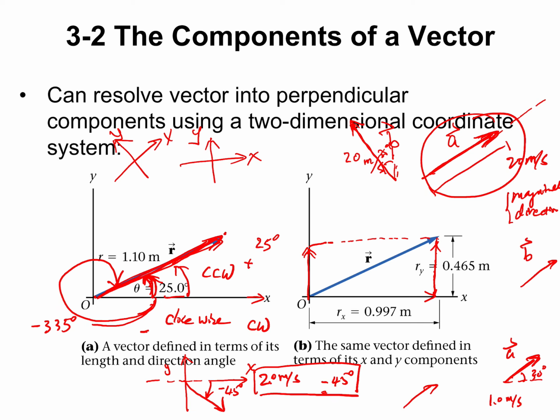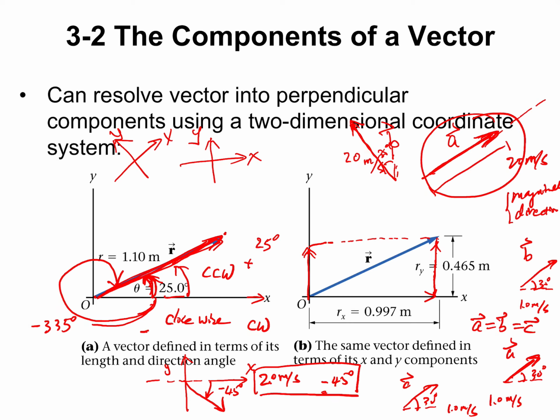Because you have the same length, which means the same magnitude, 1.0 meter per second. And the direction is 30 degrees. The same thing here, C vector, the same magnitude, 1.0 meter per second, and the direction is still 30 degrees. So A, B, C, those three vectors have the same magnitude and same direction. We call them equal vectors. So A equals B equals C.